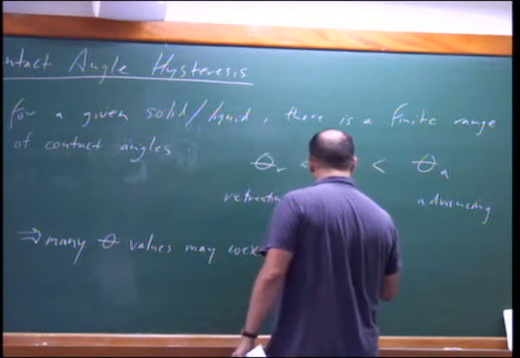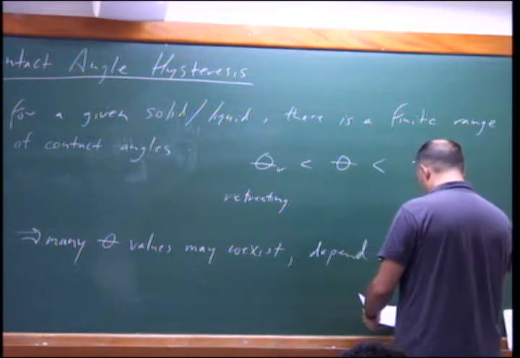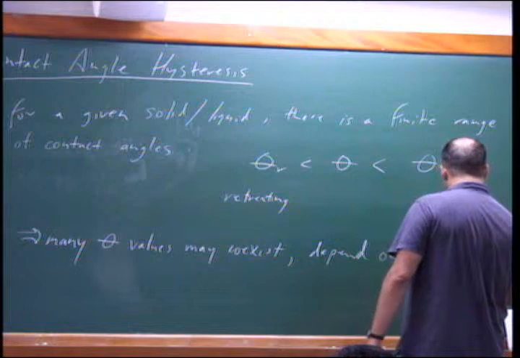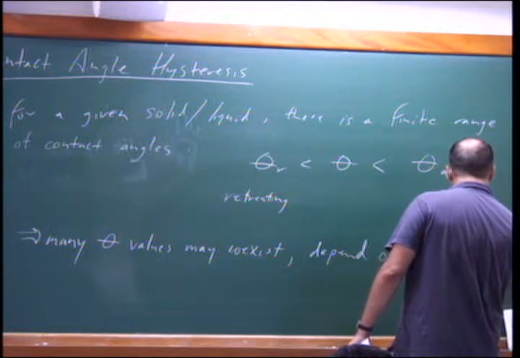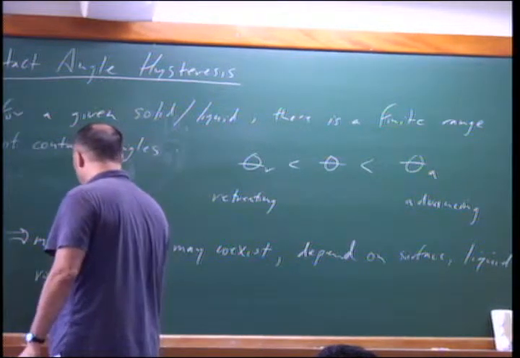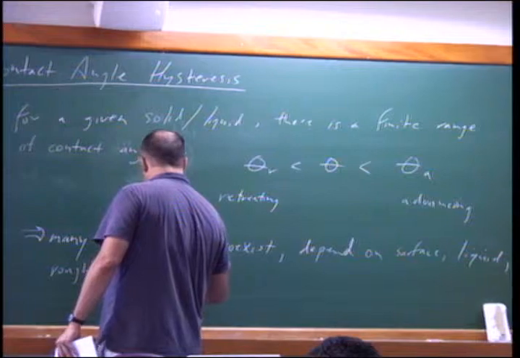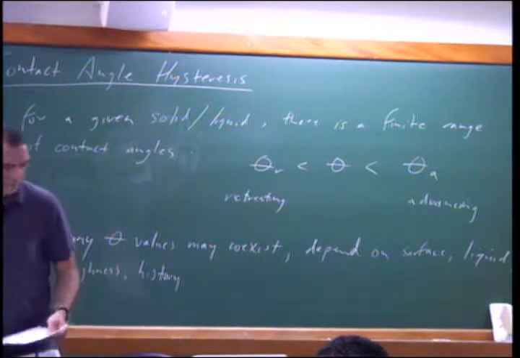And this is going to depend on the chemistry, and it's also going to depend on the roughness and the history. Let me just convince you that this is viable.